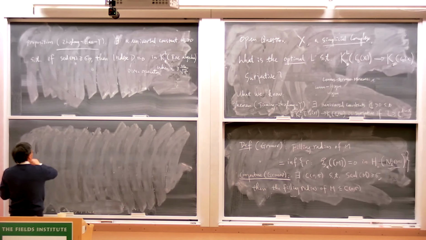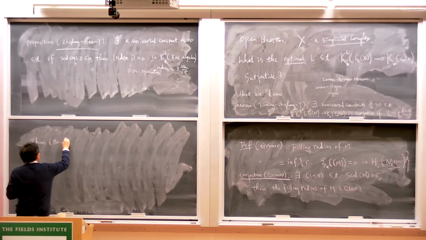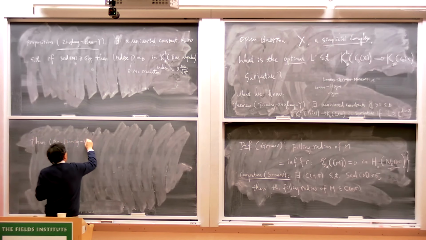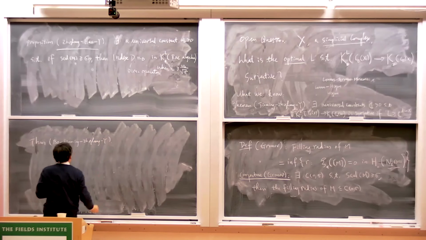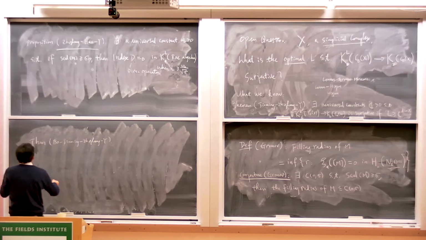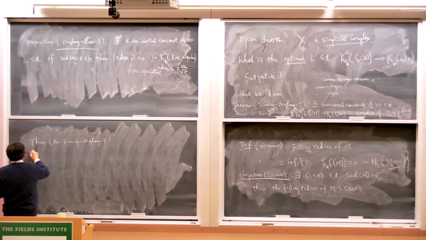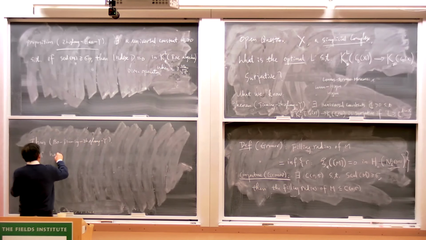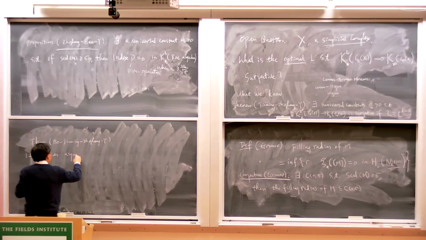So the theorem with Jimmy Bu is the following. Let me state the theorem, then I will explain how. Instead of the dimension, what matters is the large scale dimension.